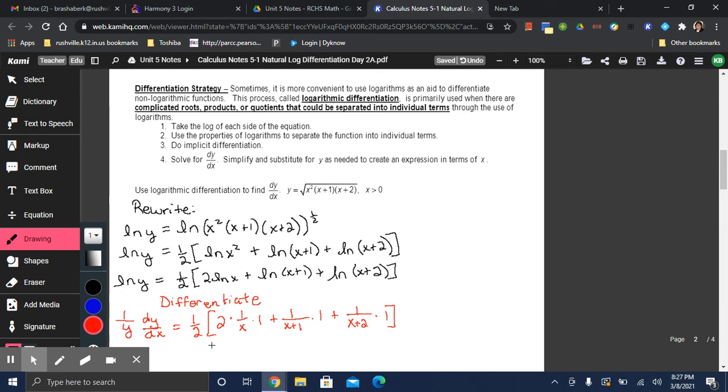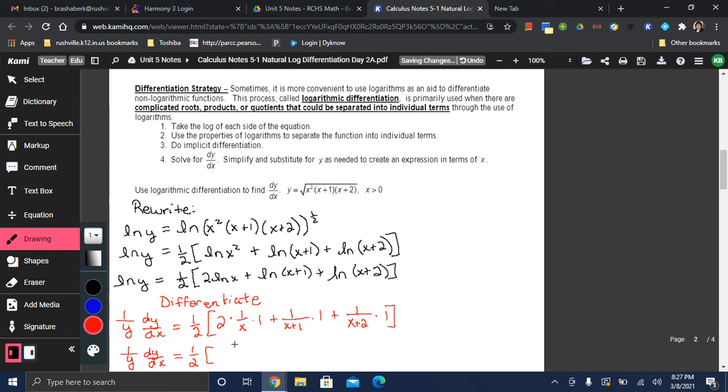And then we can simplify by getting common denominators. I'll go through that here in just a second. I'm going to leave this as 1 over y dy dx equals, you can distribute the 1/2, but I think I'd rather just leave it as it is.